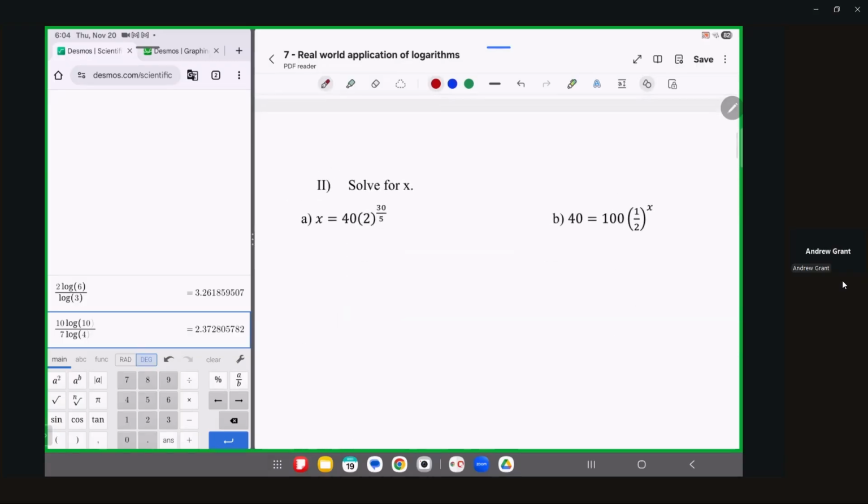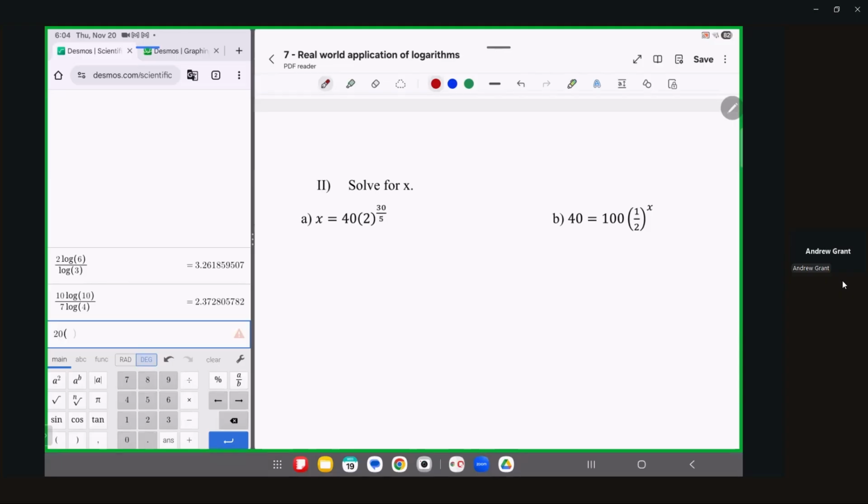Okay, let us continue. The other kind of common equations we'll be solving will look like this. Letter A is a question you would have solved in previous math courses where you would have been given some sort of exponential relation and be expected to type it in. Namely, x is equal to 40 multiplied by 2 to the power of 30 divided by 5. Our calculator can handle this.